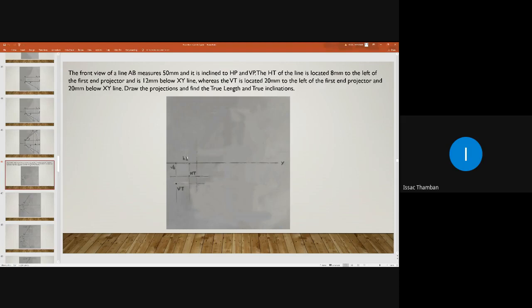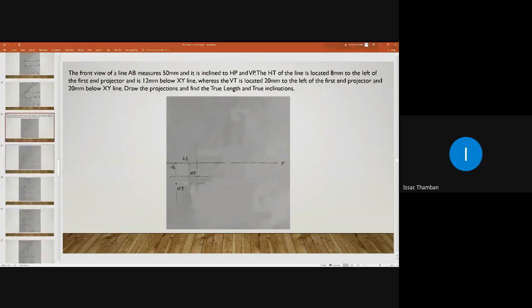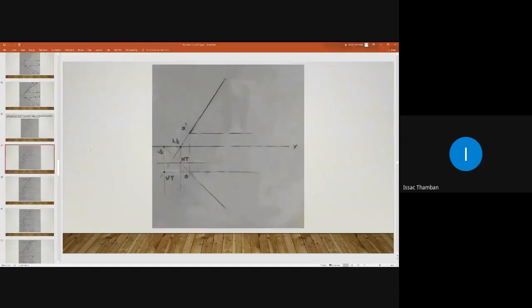You are joining these two points together by means of a straight line, and we are extending that line. And we can say that our points A and B will be on that line extended. So that is done in the next slide.